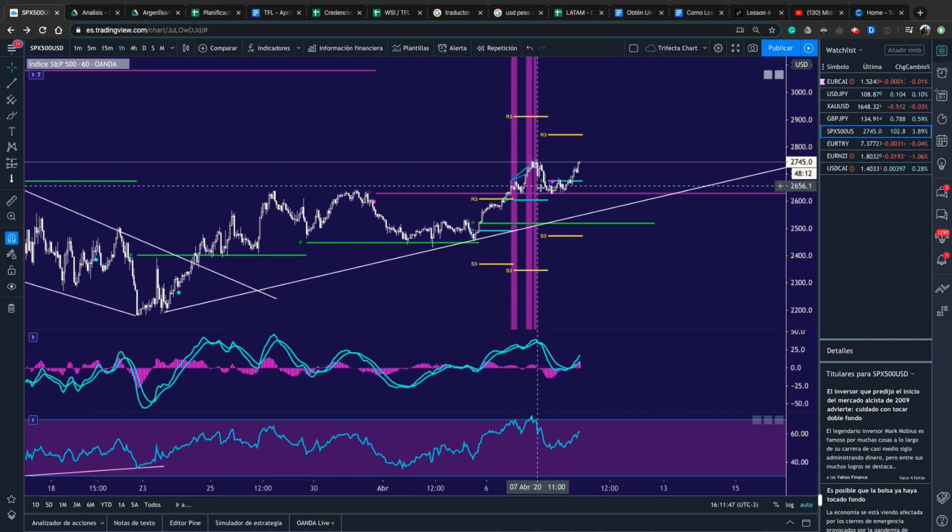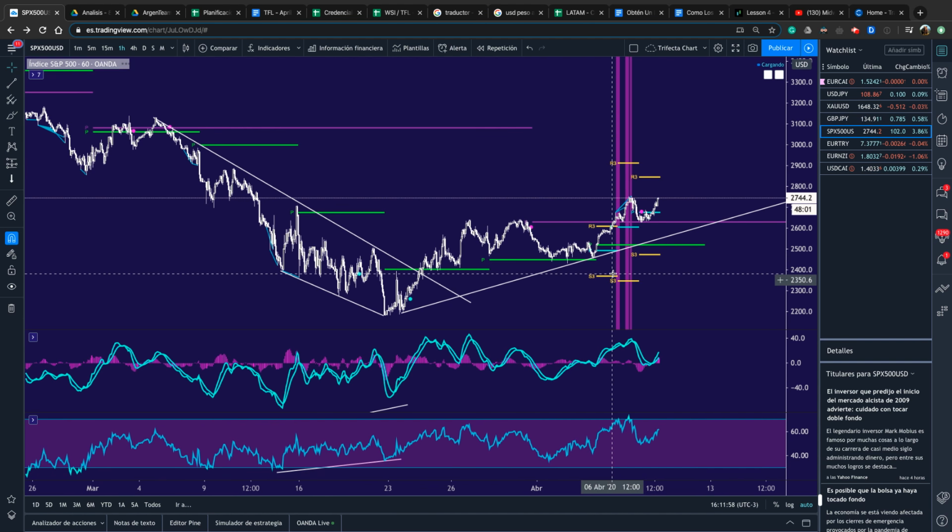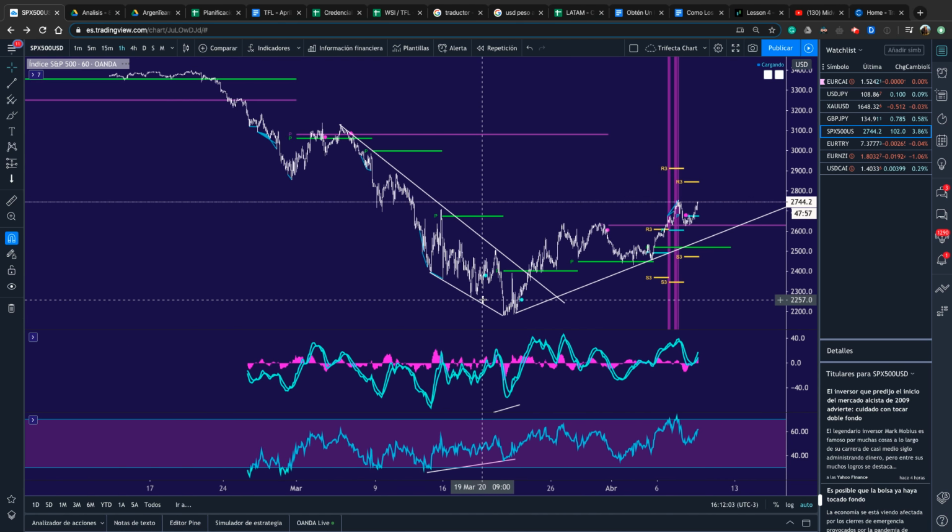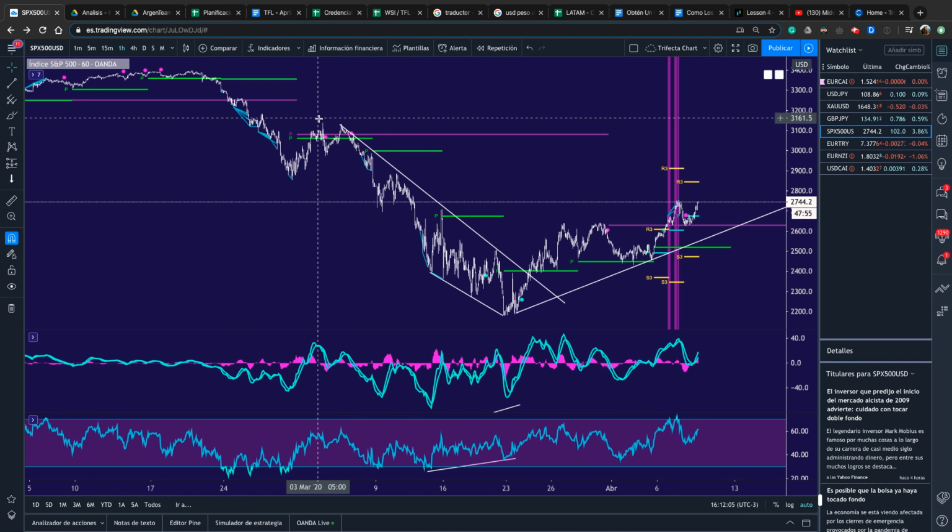So this means that we may be seeing, in the next couple of weeks or days, a downward movement continue, trying to continue the downtrend or downward movement that started with the crash. Okay, so careful with that.